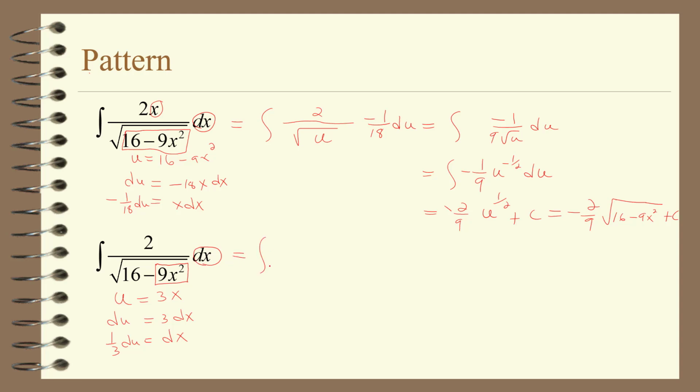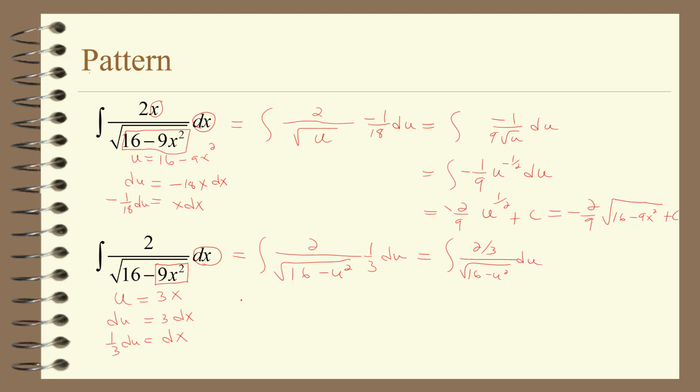So I get the new integral of 2 over the square root of 16 minus u squared, and dx is 1/3 du. So that's the same as the integral of, now think of it as 2/3, the antiderivative of 1 over the square root of 16 minus u squared du.